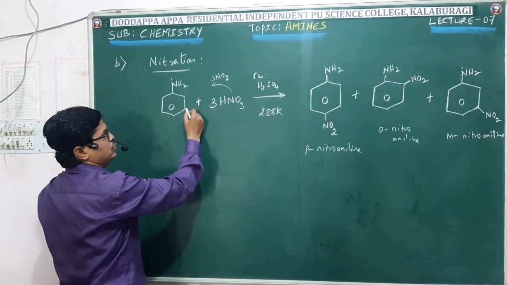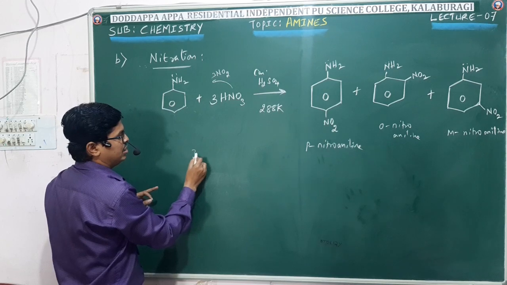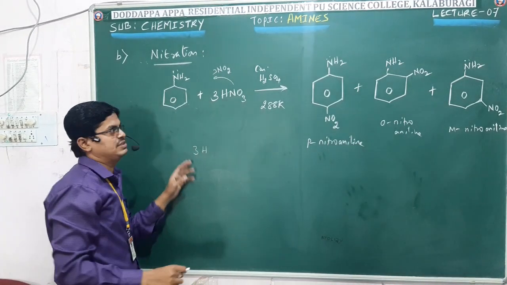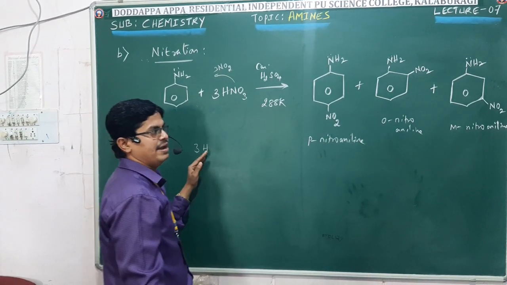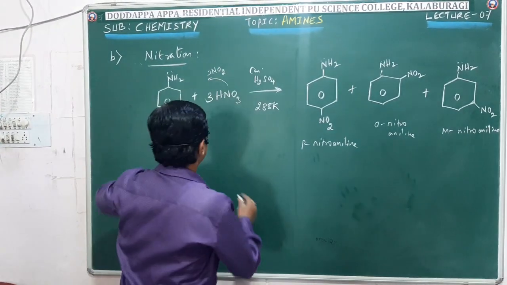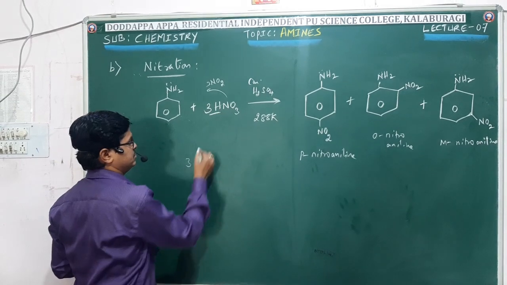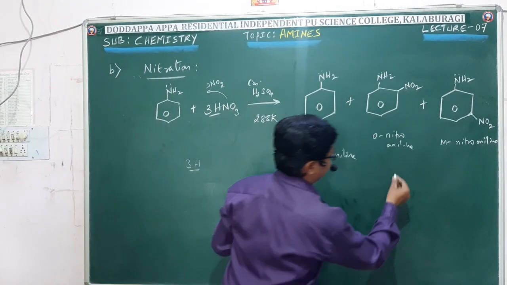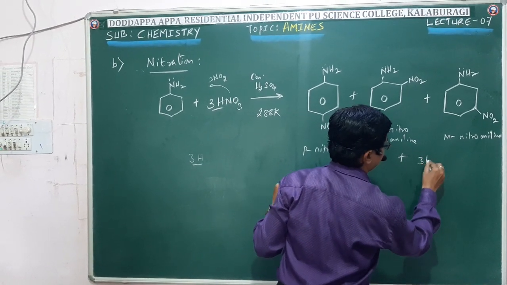So 1 hydrogen, 2 hydrogen, 3 hydrogen. 3 hydrogen atoms are coming outside. These 3 hydrogen atoms react with the hydroxyl parts and form water, that is plus 3H2O.